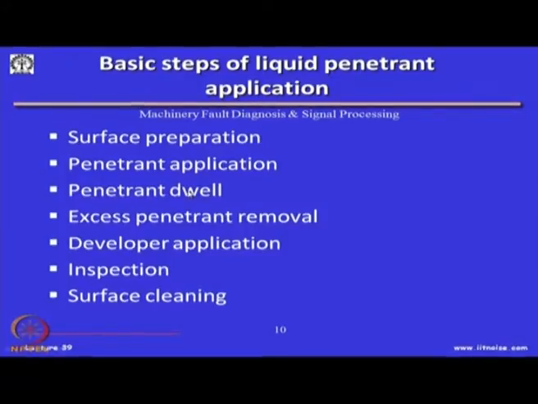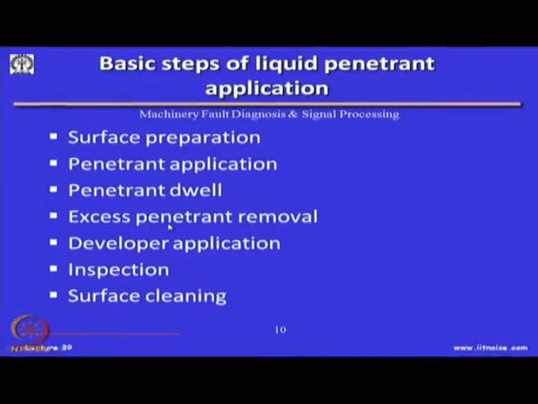Penetrant is left to dwell for some time, so that it actually seeps into the cracks or voids on the surface, and then the excess penetrant is removed by cleaning and wiping it off with a piece of cloth, and then a developer is applied. Okay. And once we apply the developer, the dye which has oozed out of the crack will form an impression on the developer, and then this developer can be inspected, and then of course, the surface can be cleaned.